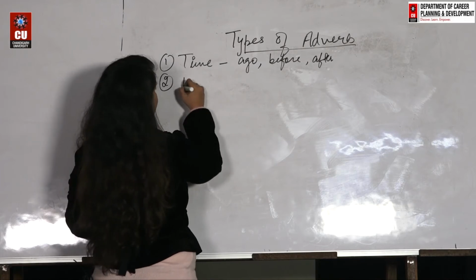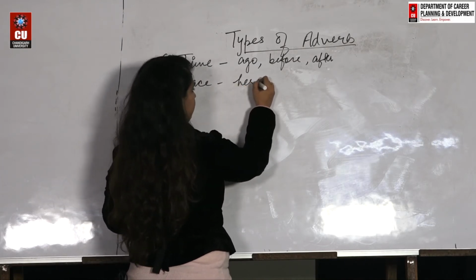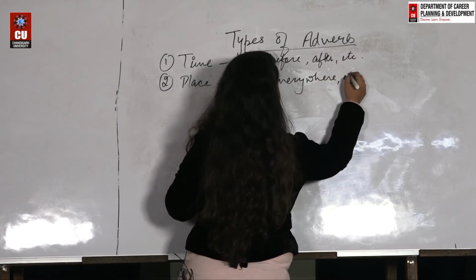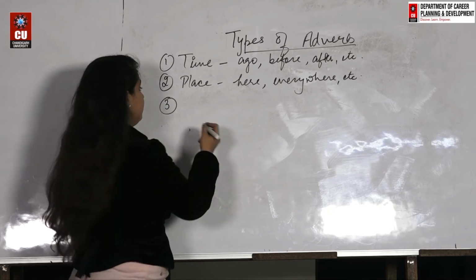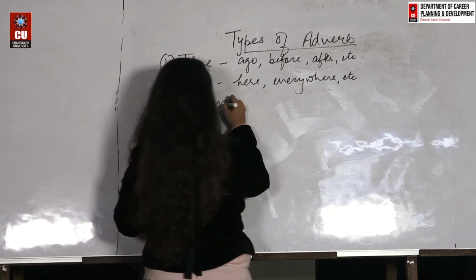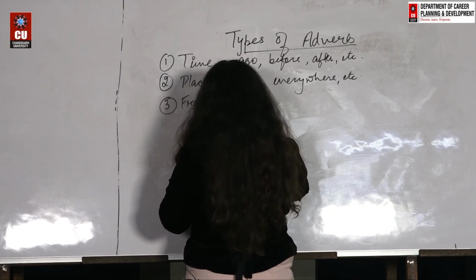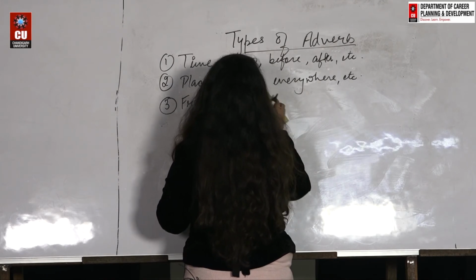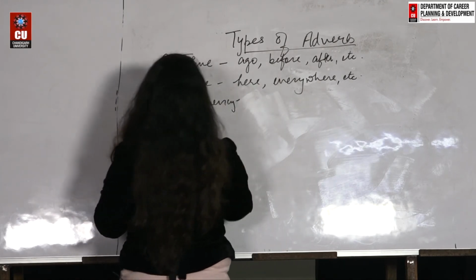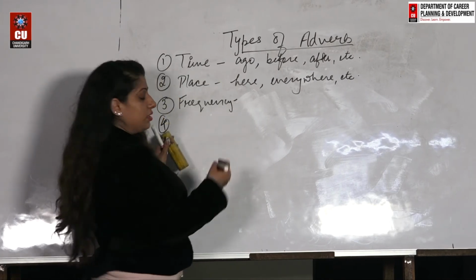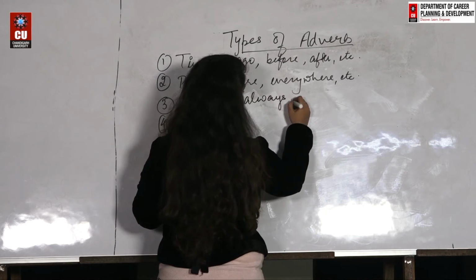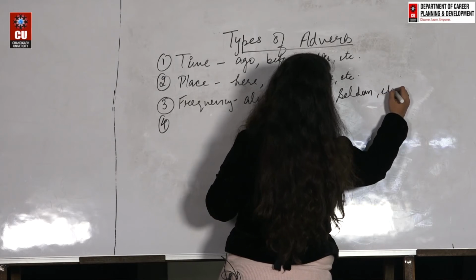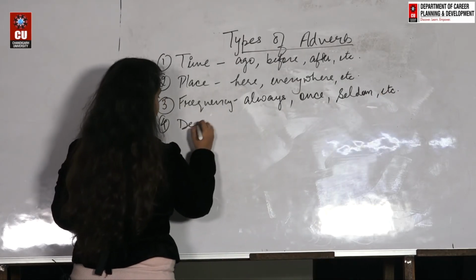The second kind is place: here, everywhere, etc. The third type is frequency: always, once, seldom, etc.